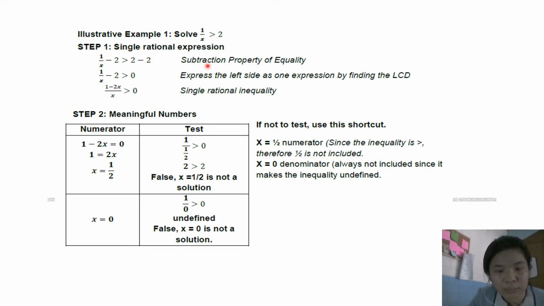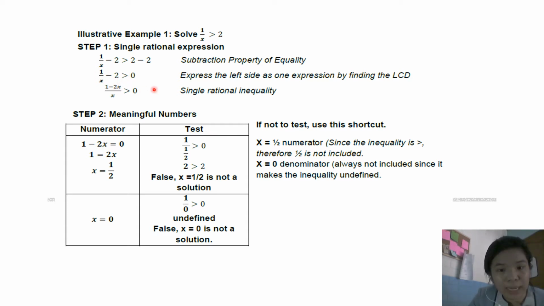Yung ginawa niya is subtraction property of equality. Nag-minus tayo both left and right ng 2. So, 1 over x minus 2, that's still 1 over x minus 2 kasi hindi naman natin siya pwedeng masimplify because they are unlike terms, is greater than 0. Then, isingle rational expression natin by getting the common denominator.